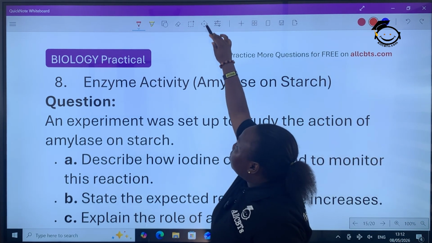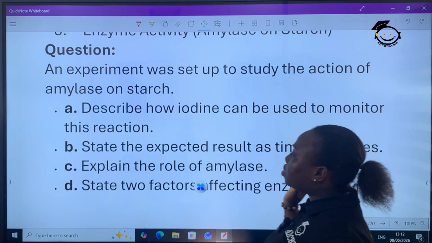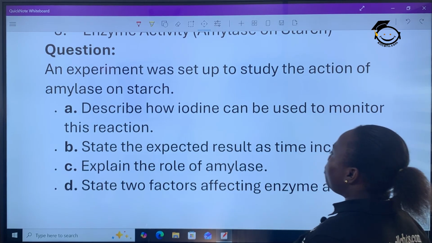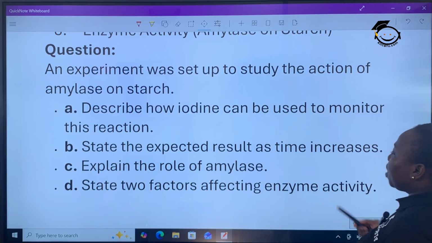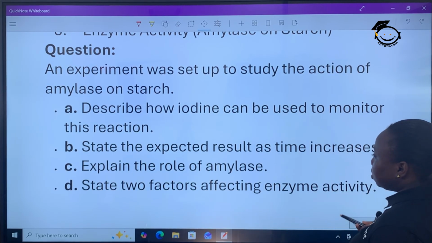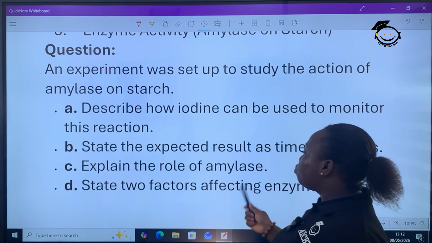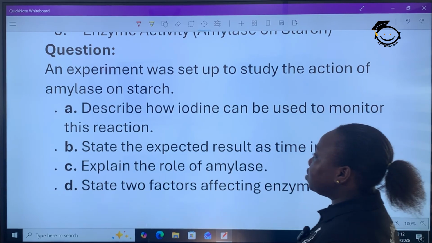Describe how iodine can be used to monitor this reaction. Then state the expected result as time increases. Explain the role of amylase. State 2 factors affecting enzyme activities.